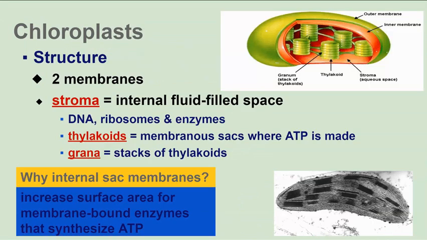Okay, so again, chloroplast, two membranes. And inside of that internal membrane of the chloroplast, you've got what's called the stroma. Inside the stroma, just like the mitochondria, you've got DNA, ribosomes, and enzymes.